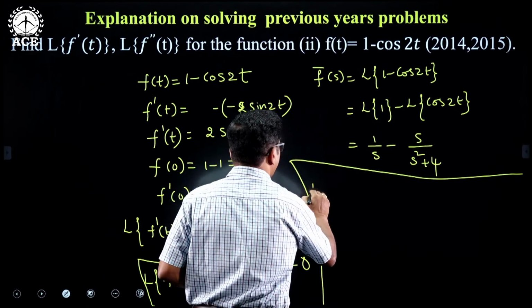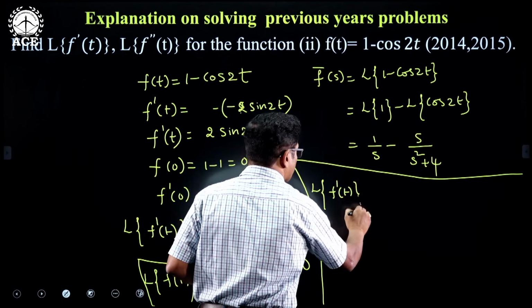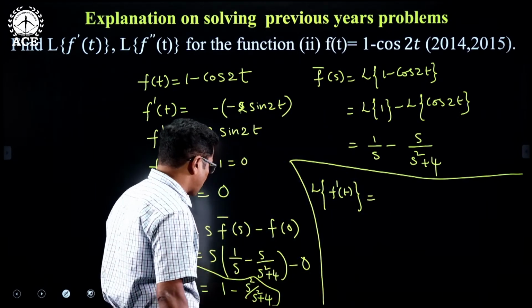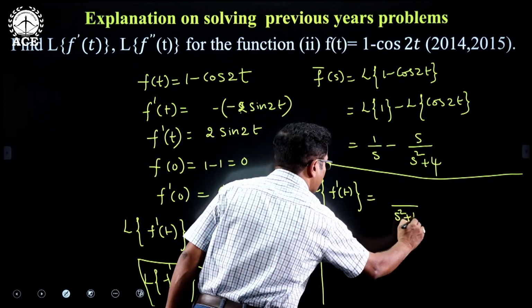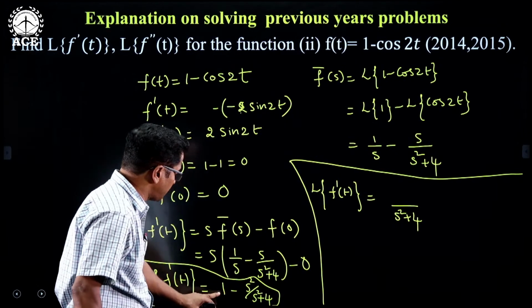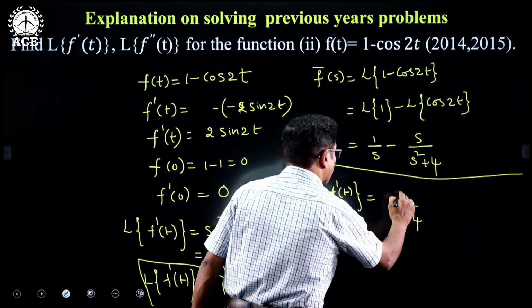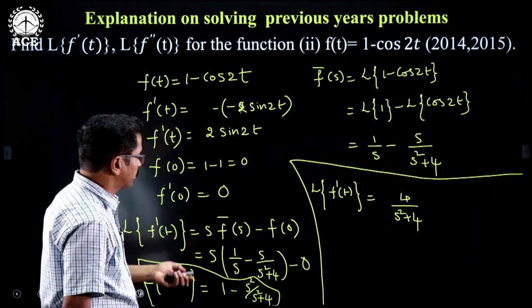So L of f dash of t equals what we have, 1 minus s square by s square plus 4. That simplification leads to s square plus 4 minus s square, which is going to be 4. L of f dash of t equals 4 by s square plus 4.